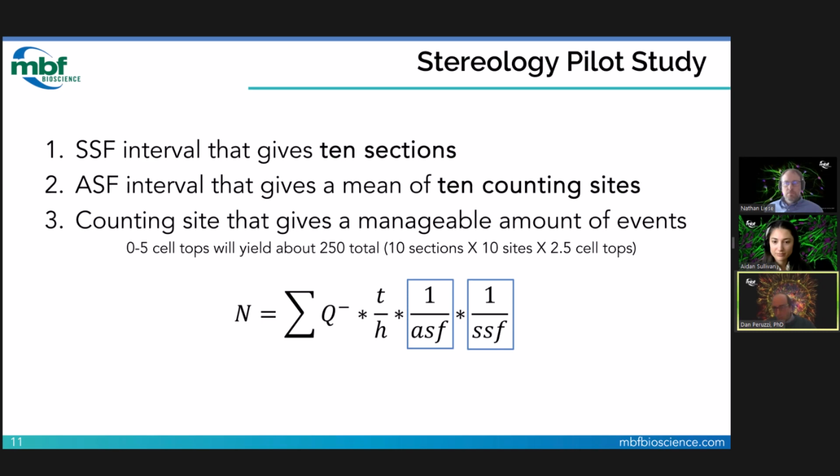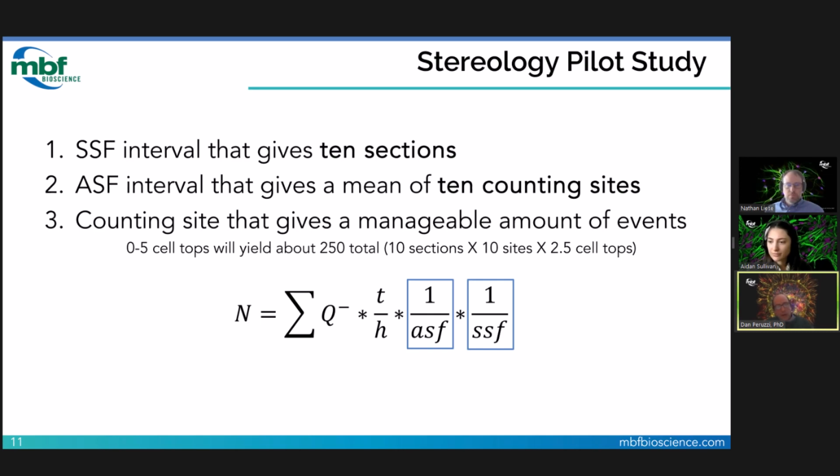where we're looking for the tops of cells, because your hypothesis has to do with a change in the number of cells. Number 3 is the dissector itself, the probe that is used to estimate number of cells. We want to size that so it gives a manageable number of events. And instead of events from now on, I'm going to be saying cell tops, because the event that we're counting for estimating number of cells is putting a marker on the top of the cell if it is in the dissector.